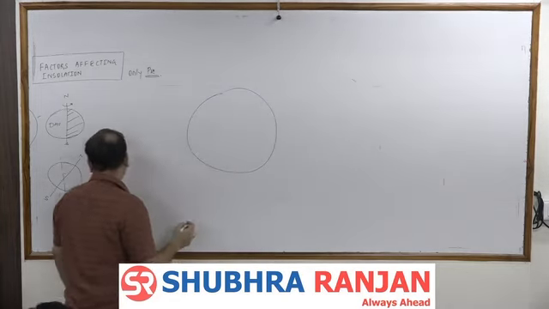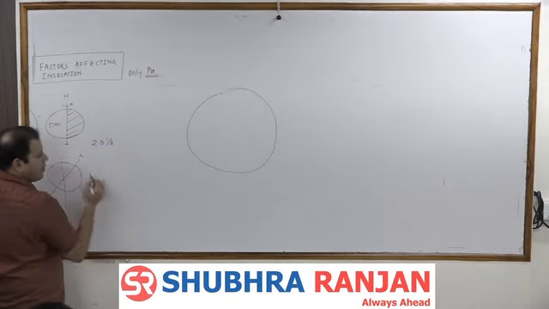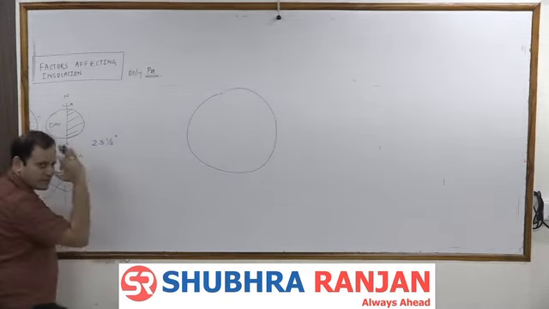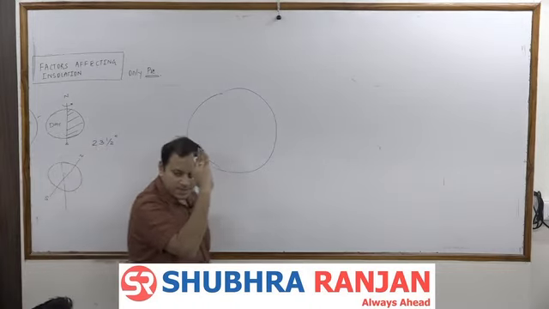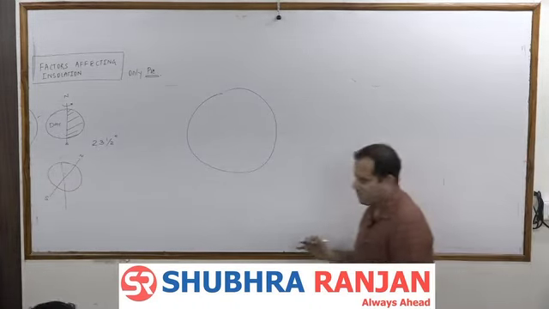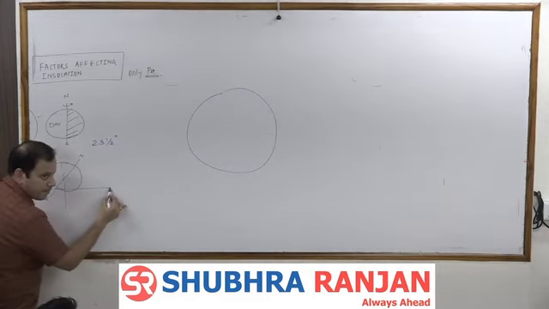which is inclined at 23 and a half to its axis, or 66 and a half to its orbital plane.